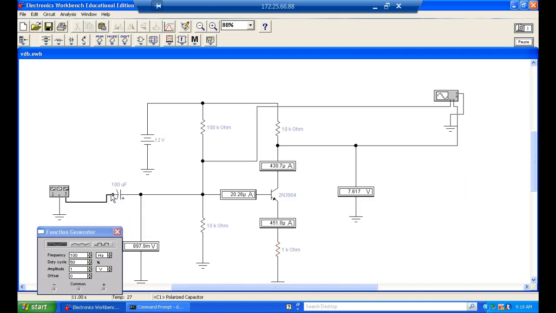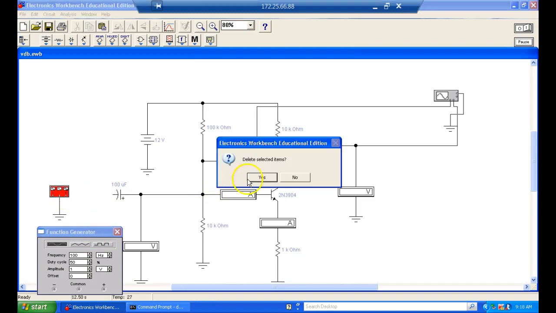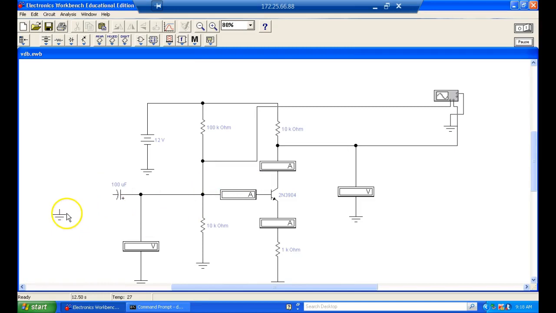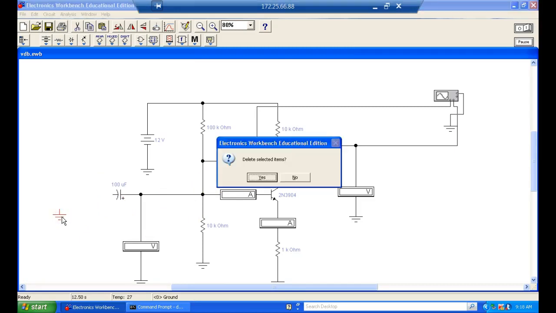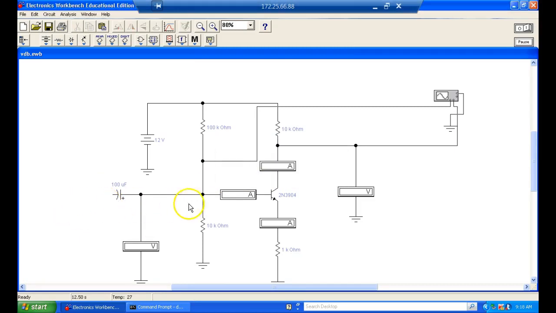Okay, let me disconnect this guy. I think it affects the circuit. Let's just go ahead and delete it out of the picture. And right now we have no input and we have no output.